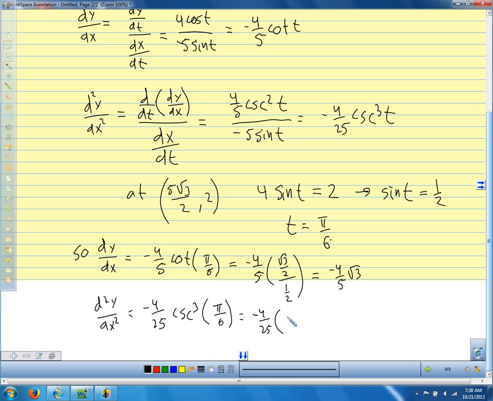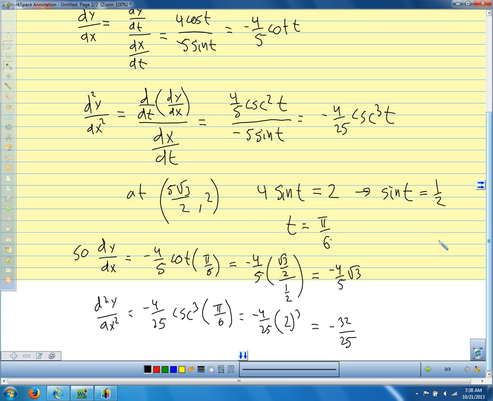So 1 over 1/2 cubed, or 2 cubed, which gives me minus 32/25. So there's our slope and our concavity at t equals pi over 6 for that particular curve.